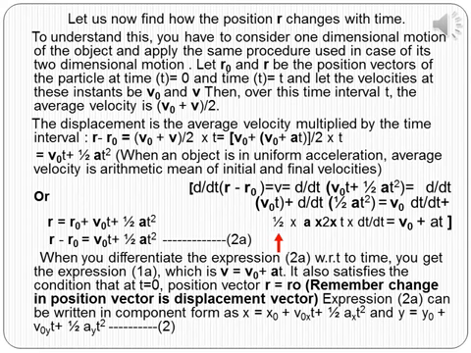Then d by dt of r minus r0 is equal to v is equal to d by dt of v0t plus half at square, which is equal to d by dt of v0t plus d by dt of 1 by 2 at square, which is equal to v0 into d by dt of t plus a into 1 by 2 into d by dt of t square, which is equal to v0 into 1 plus 1 by 2 into a into 2 into t into dt by dt, which is equal to v0 plus at, which is the similar expression.